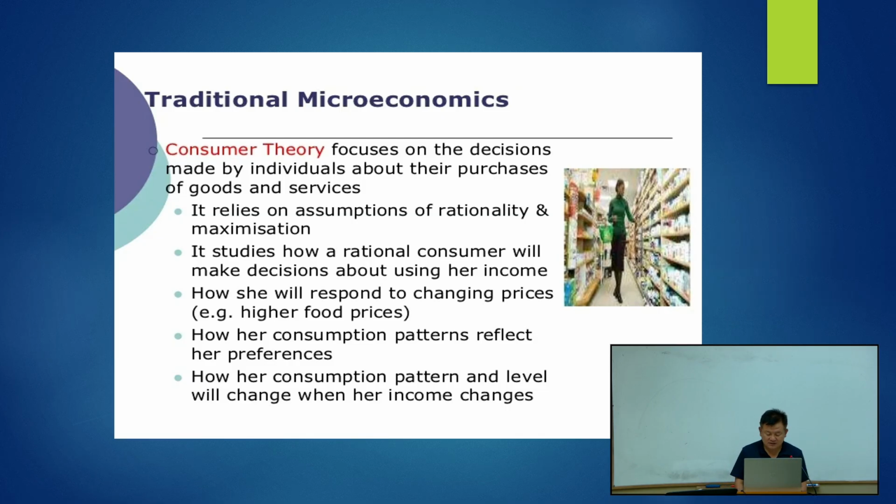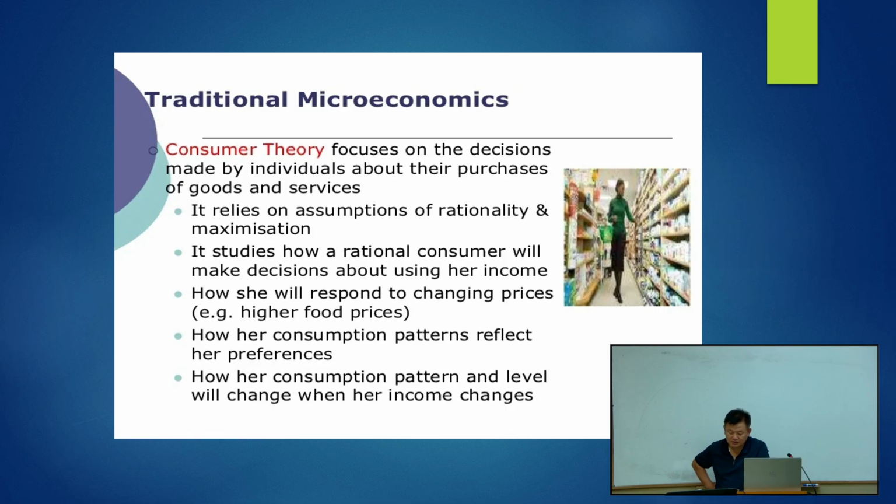How do we understand consumer theory? Each individual has the freedom to choose between different bundles of goods and services. Every good and service is different, and each individual has some freedom to choose.